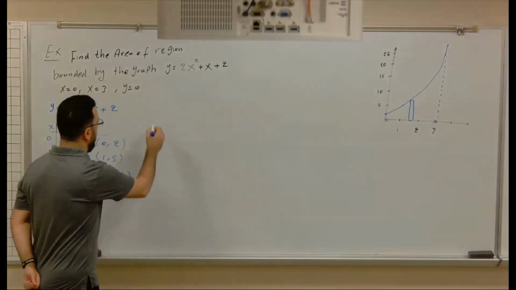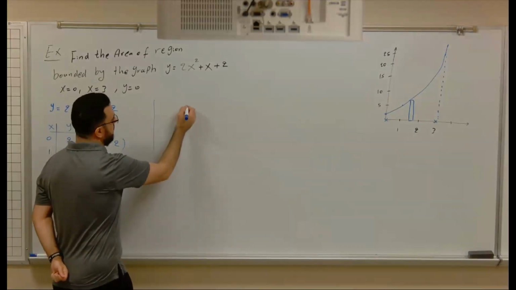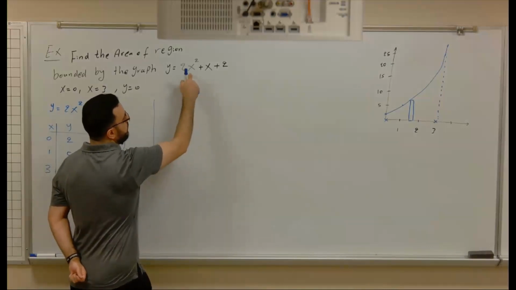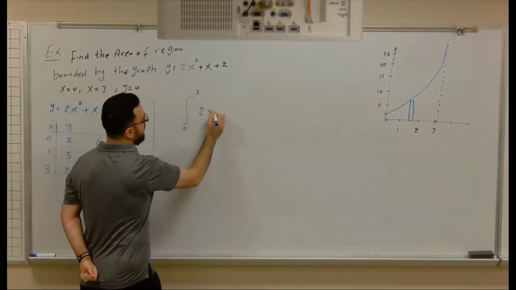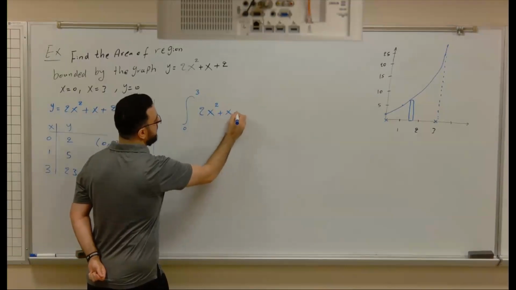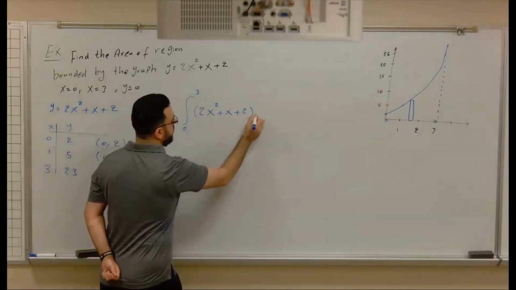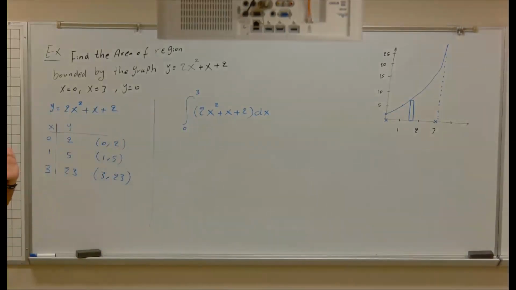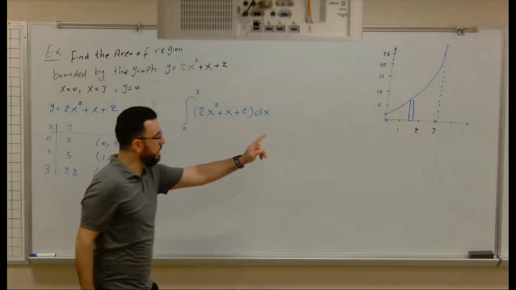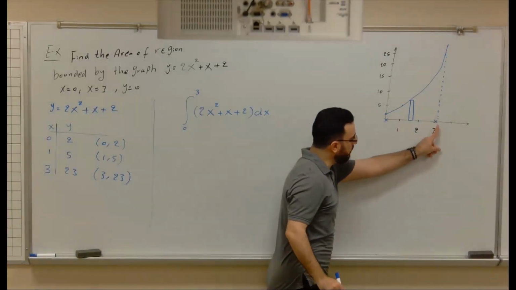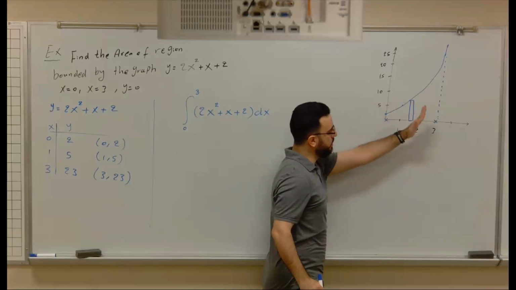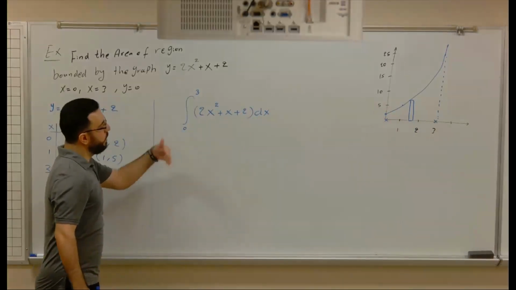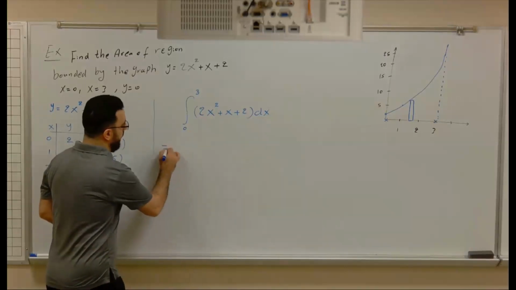That means it's a definite integral from x equals 0 to x equals 3 of 2x squared plus x plus 2 dx. Because my rectangles are going to start from x equals 0 to x equals 3. My rectangle is like this. It moves from x equals 0 to x equals 3. So I'm going to do the integral with respect to x to find the area.